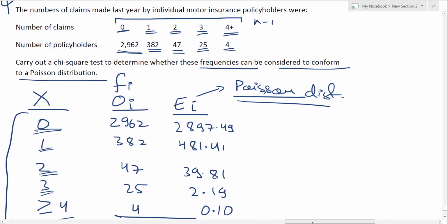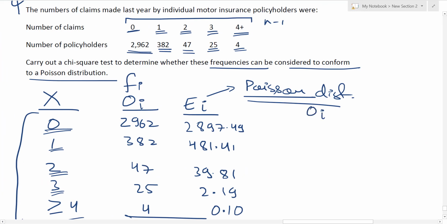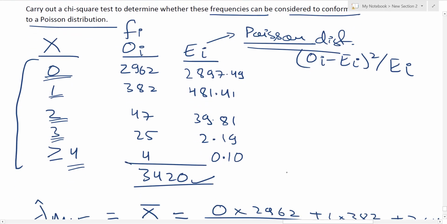Now your test statistic, if you remember, is OI minus EI whole square divided by EI. Now there is one important thing here. For the last group, your EI is very small. It is 0.10.